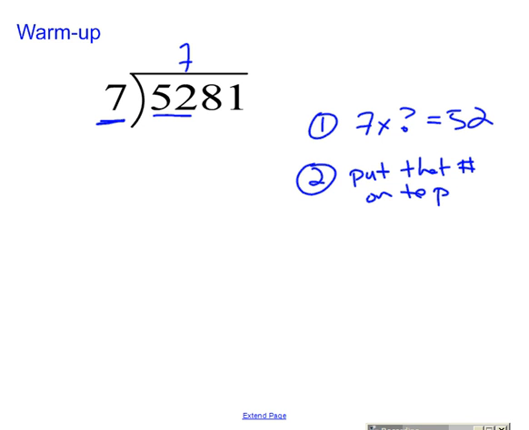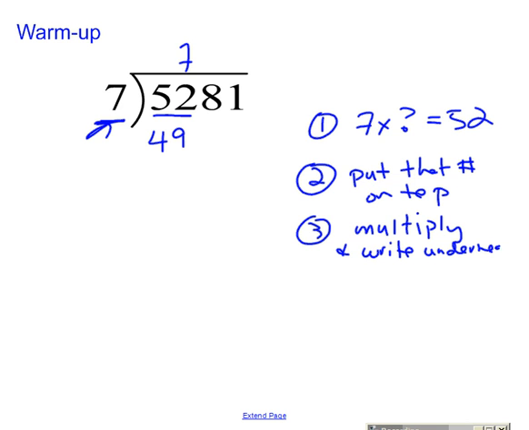And then my next step is to multiply that top number by whatever is over here. So I take 7 times 7 and I get 49. Multiply, and I'm going to write it underneath. Okay? My next step, once I have that under there, is to subtract.